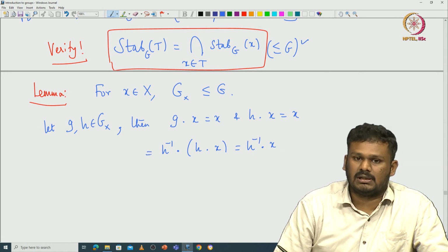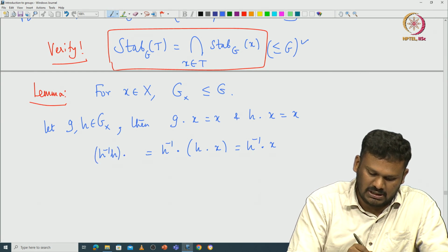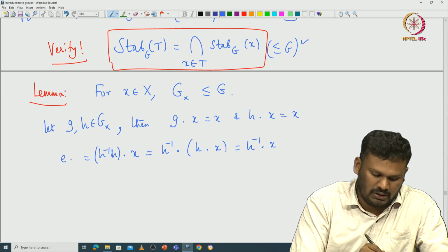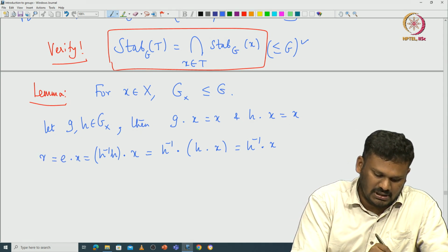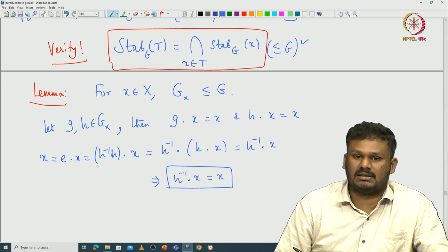But when you use this group law, this is (h inverse h) dot x, and h inverse h is the identity. So this is going to give you e dot x, which is x. So that implies h inverse also fixes this element x.